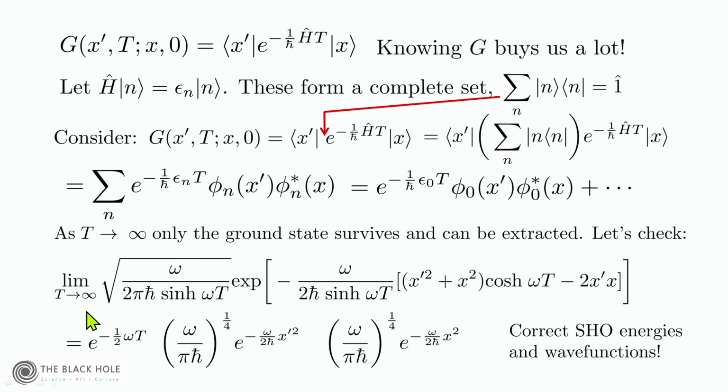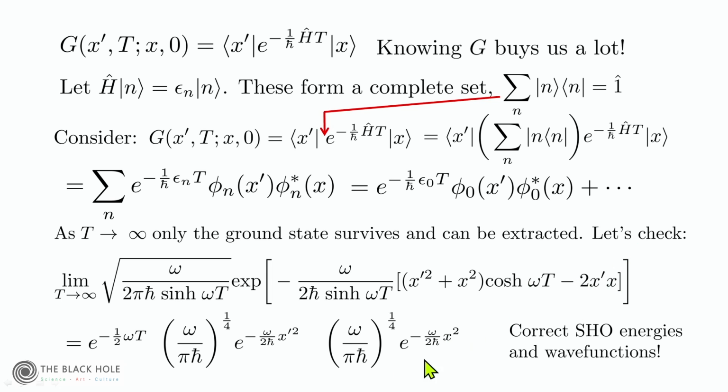This factor over here, then I move here and here. So omega over pi h bar square root, I split it into 2. This depends upon x prime squared only. Now notice that as t goes to infinity, this becomes much, much larger than this, so I can forget this.